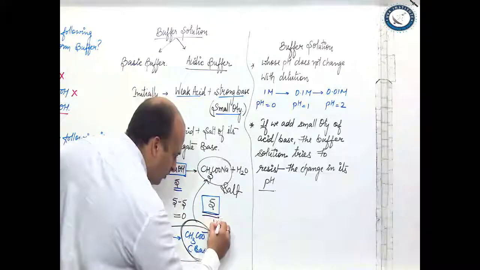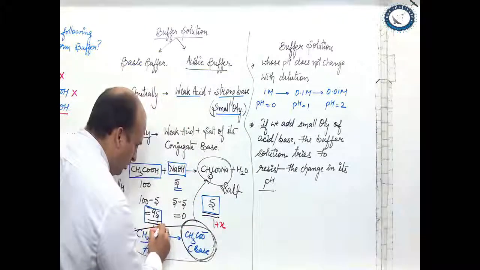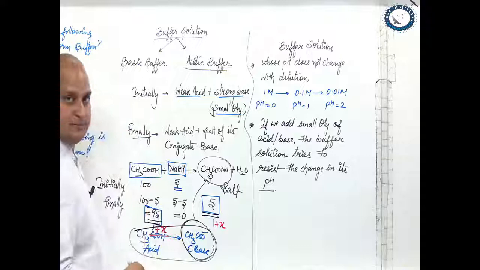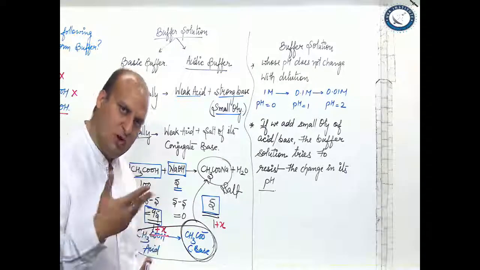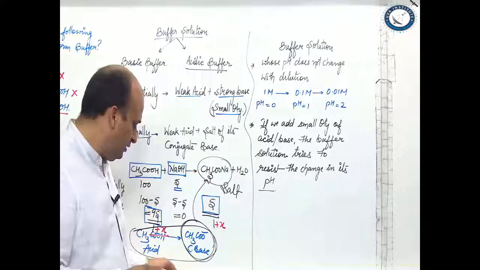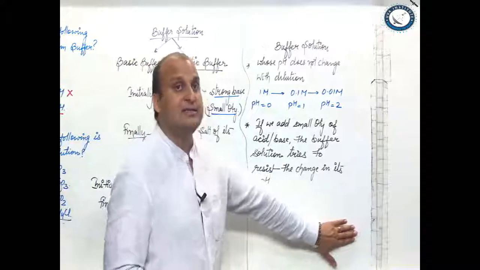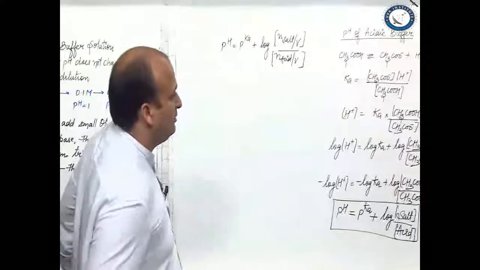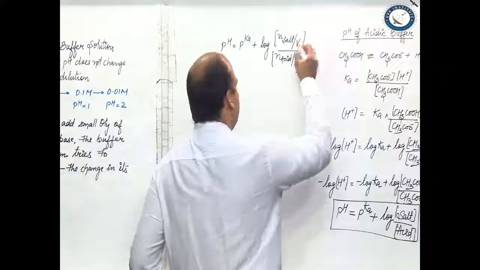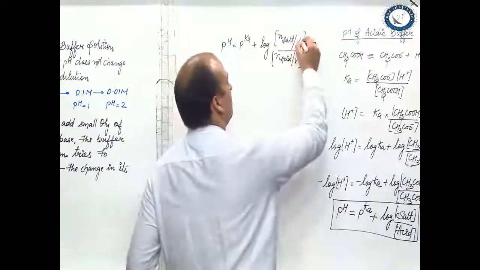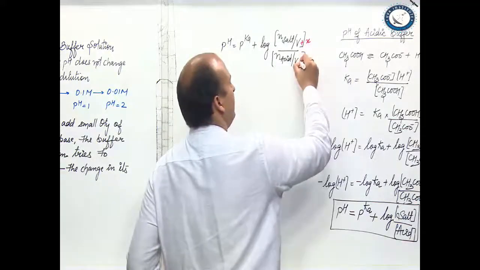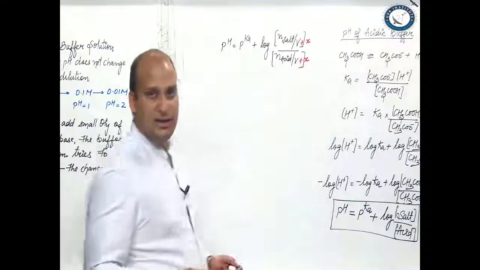So over here the volume will be 1 plus x, over here also the volume will become 1 plus x, because it is the volume of the solution. If you are adding some water, it is the volume of the solution which is changing, right? So if you increase the volume of the solution, what is going to happen? The change will be there on the denominator side as well as on the numerator side.